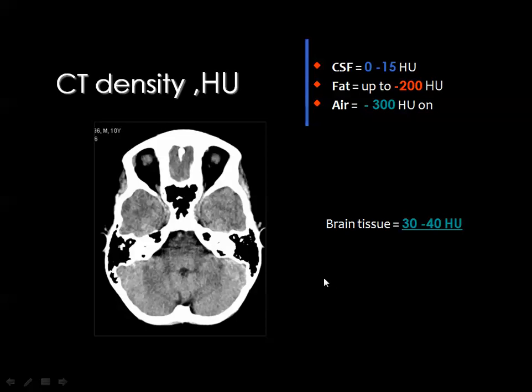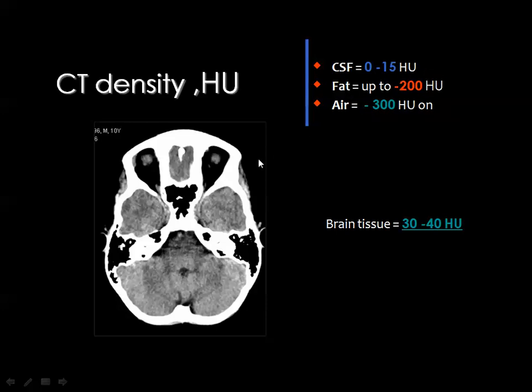The attenuation value of normal brain tissue ranges between 30 and 40 Hounsfield units. Any normal structure or lesion which measures below 30 will appear black, and any lesion which measures above 40 will appear relatively bright. And the attenuation value of CSF ranges between 0 and 15 Hounsfield units.